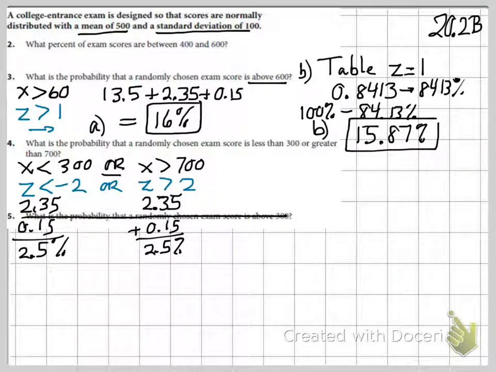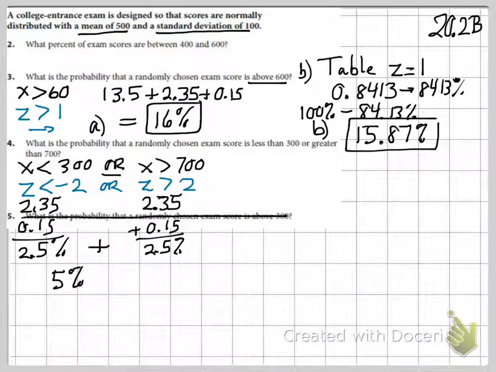When they say they're happy with any number that is less than 300 or greater than 700, it means I'm actually going to have to add those. And I think this is the only problem in this assignment where we end up doing not just less than, not just greater than, not between, but to the outer edges. This turns out to be 5%.